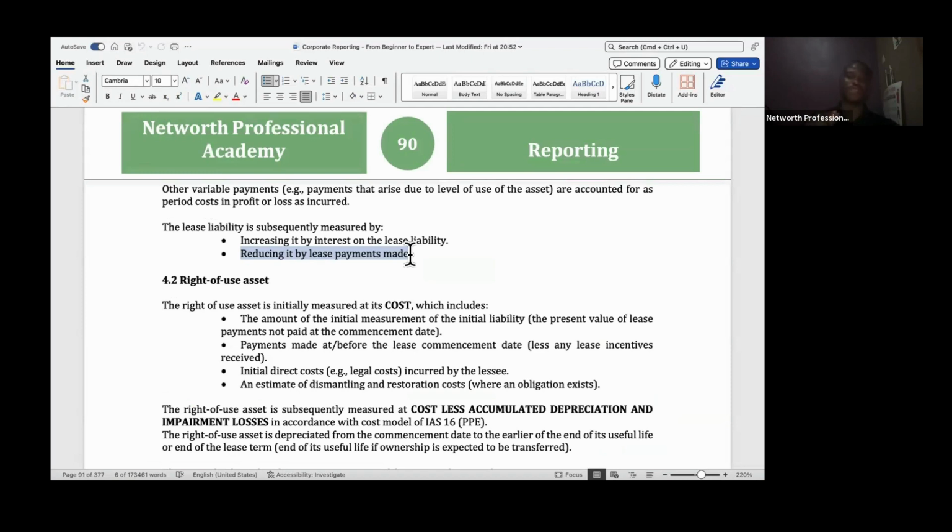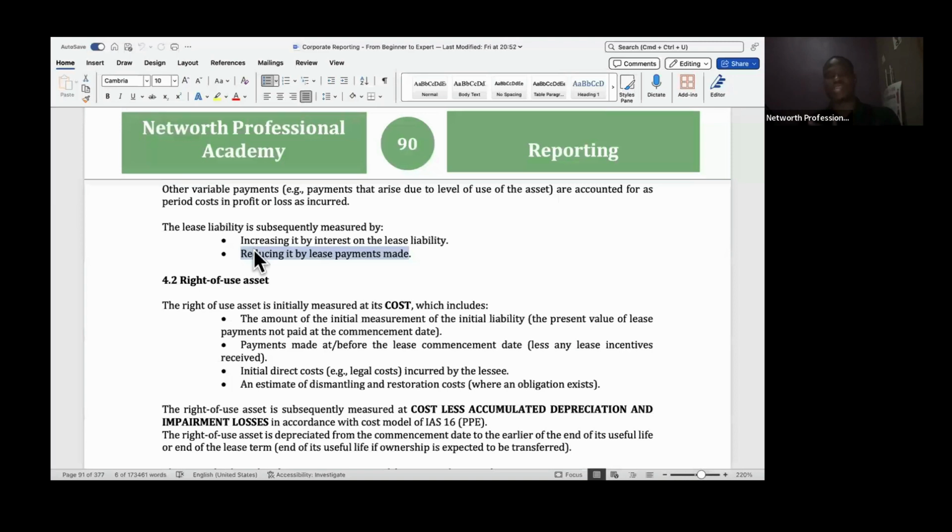If the lease rental is paid in arrears, that is at the end of the year, you add interest before you deduct the lease rental, because all is happening at the end of the year. But if the lease rental is paid at the beginning of the year, the lease rental is deducted first, and then you apply the interest on the balance after deduction of the lease rental. We looked at that last week.